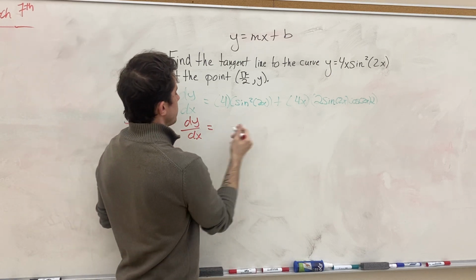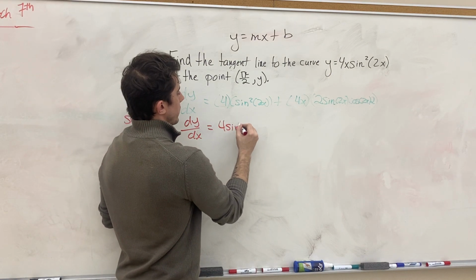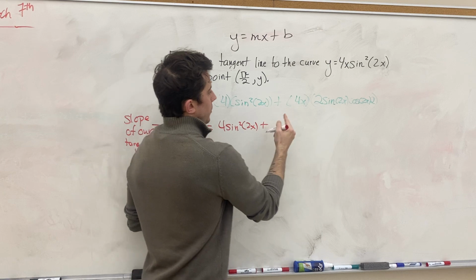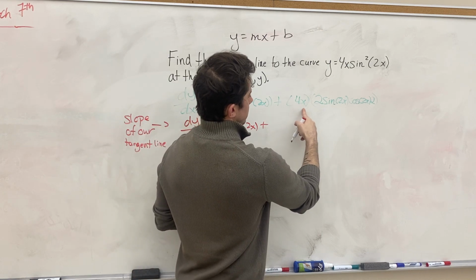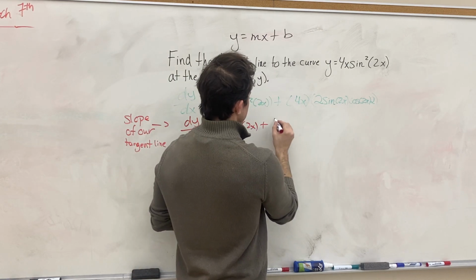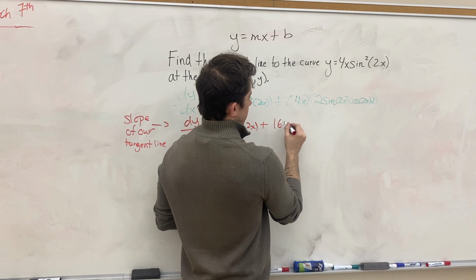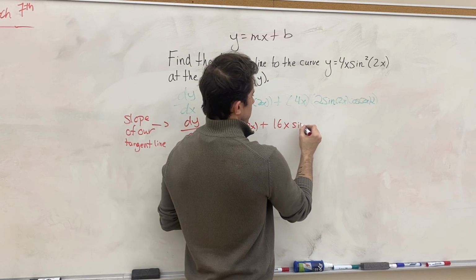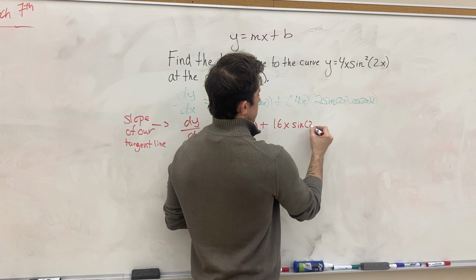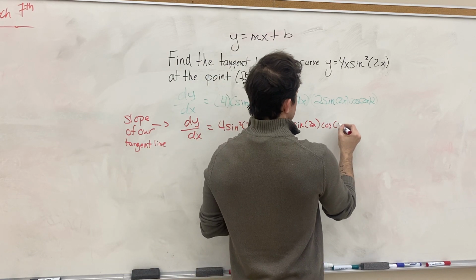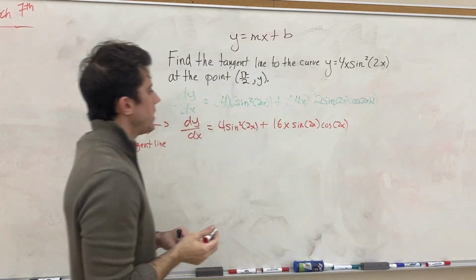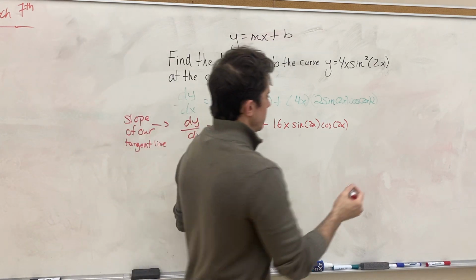So simplifying this out, we get 4 sine squared 2x plus 4x times 2 is 16x sine 2x cos 2x.